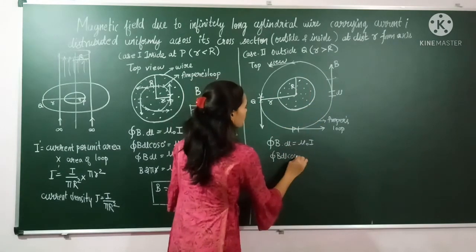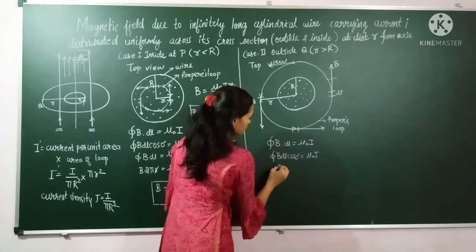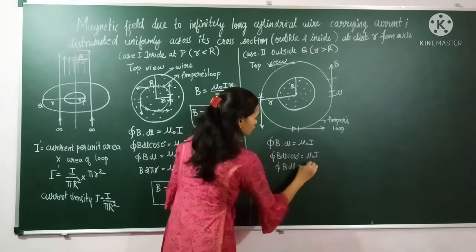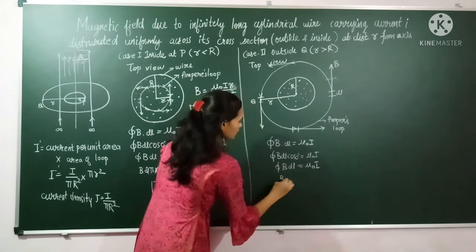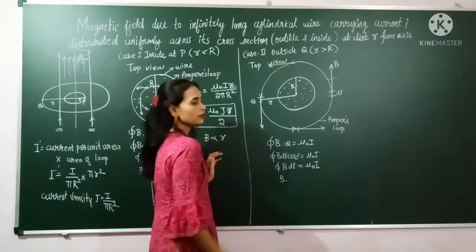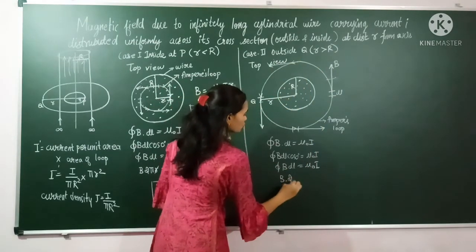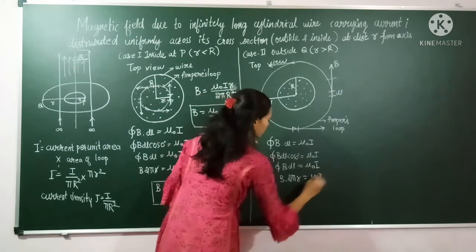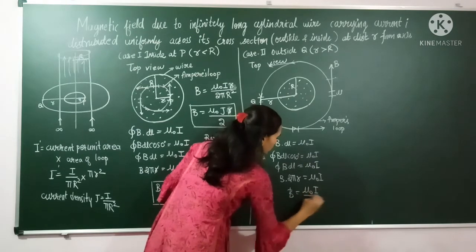So here we take cos 0 degree, equal to mu naught I. Next, closed integral B dl is equal to mu naught I. Again in this case, closed integral of dl will be the circumference of this loop. So the circumference of this loop is 2 pi r, equal to mu naught I. So B value will be mu naught I divided by 2 pi r.